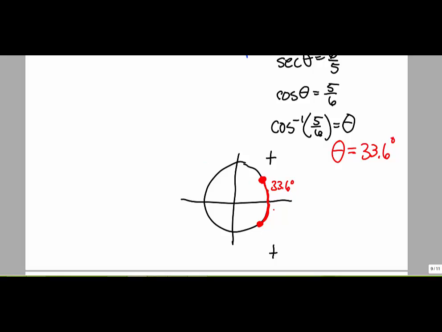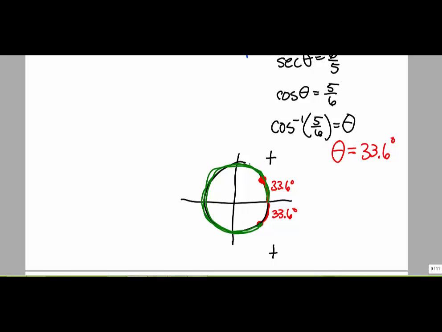What we want to know is, if I start at the x-axis and go all the way around and stop at this point right here, what angle is that? What quadrant 4 angle starts here and goes all the way around and stops where we have a reference angle of 33.6?